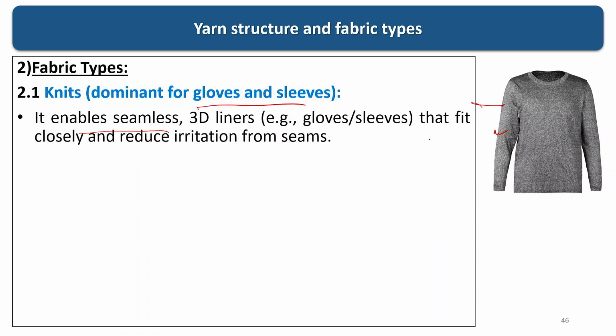That fits closely and reduces the irritation from the seams. During stitching there may be other threads and some thick portion, doubling of the fabrics before we stitch, and that adds to the irritation. If it is seamless, there will not be any thick portion within the joint. So, proper movement of the fingers or the sleeves will be there.